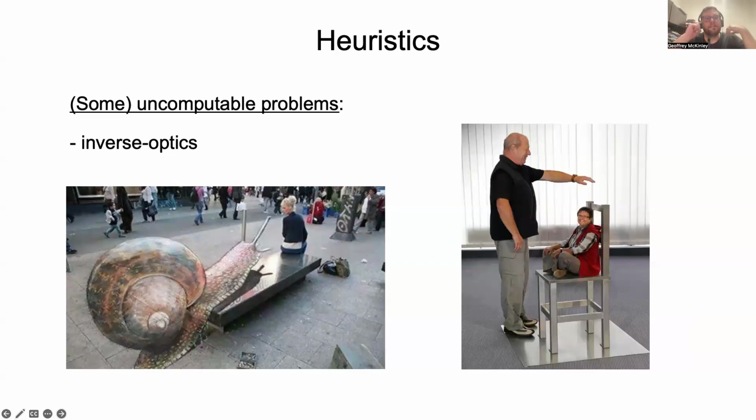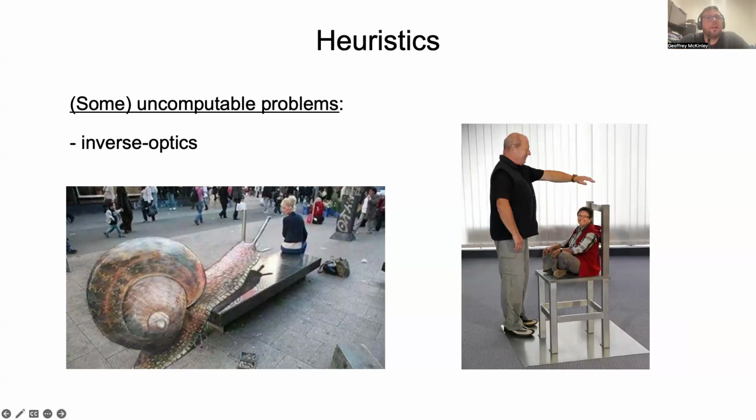On the left is a picture of what appears to be a snail going up onto a bench and approaching a lady. And the other one is a picture of a woman who appears to be very, very small, and she's sitting on a chair, and her husband is doing something that doesn't make any sense.